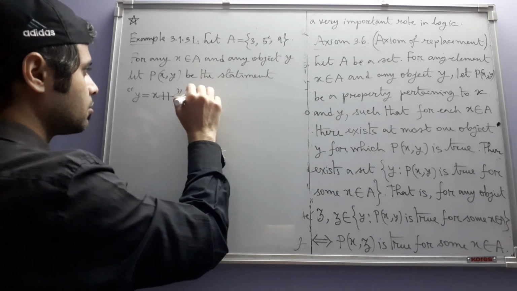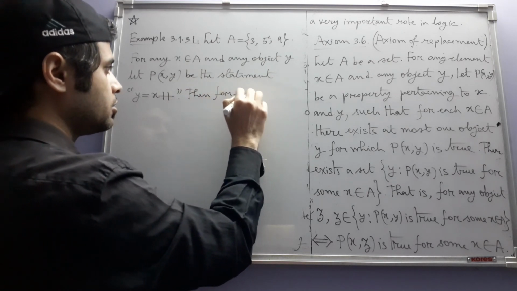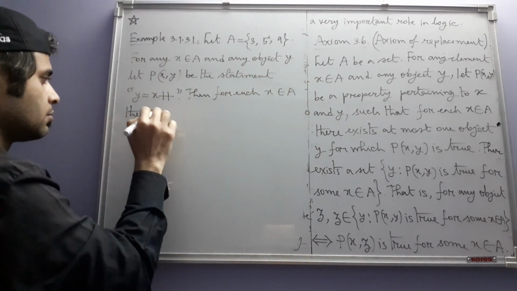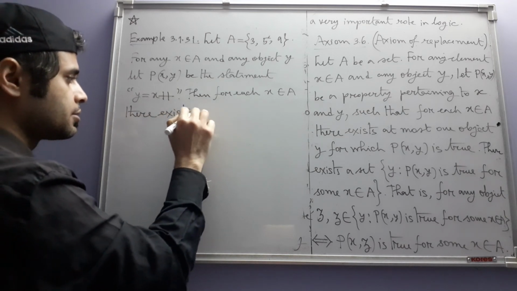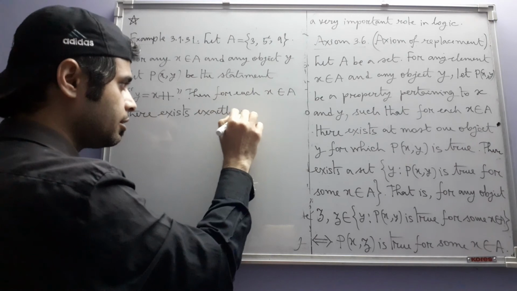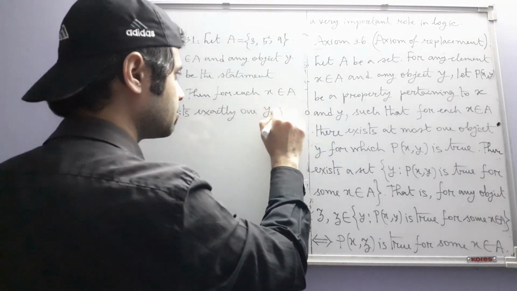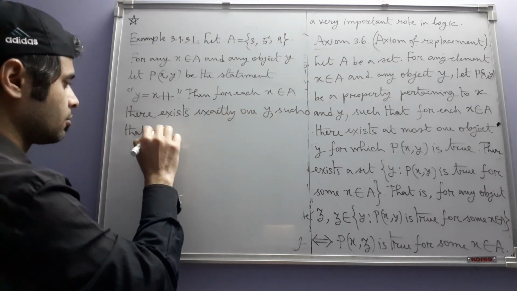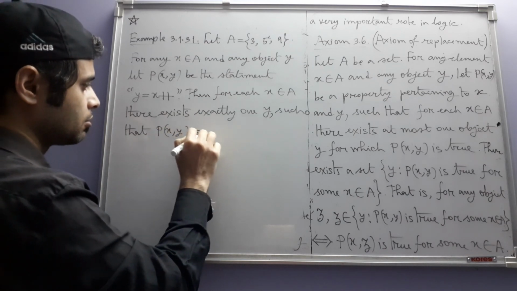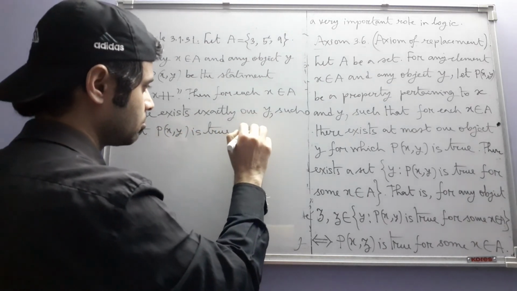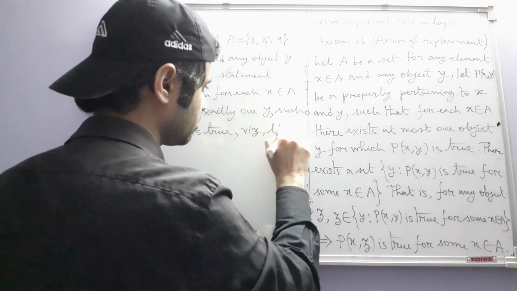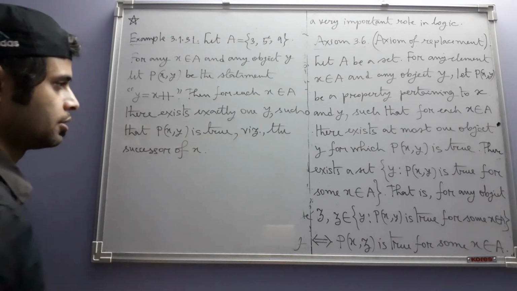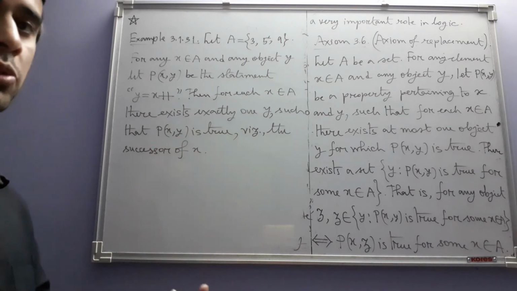Then for each x in A, there exists exactly one y such that P(x, y) is true, namely the successor of x. So exactly one means also at most one.